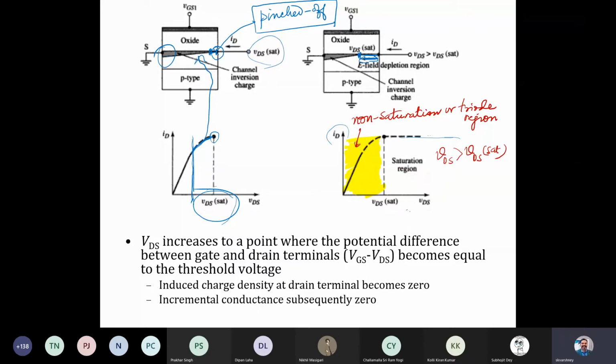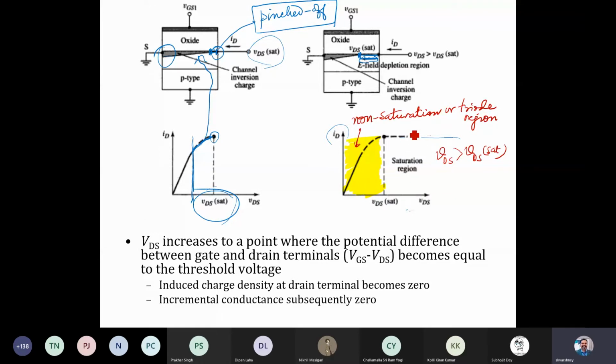And for most applications built on FET technology, the MOSFET is generally operated in the saturation region. I will draw an analogy between the BJT and the FET.